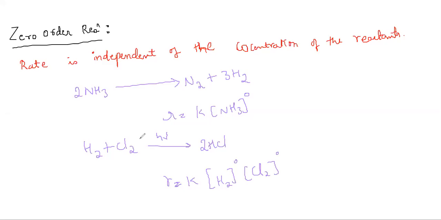The rate remains constant here. When the rate remains constant, it becomes independent of concentration. So when the rate becomes constant, it becomes independent, and that time that reaction is said to be a zero order reaction. Okay. So that is about zero order reaction.